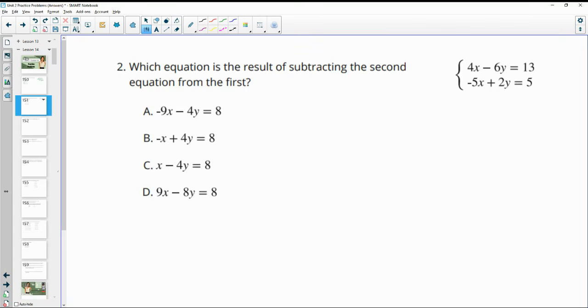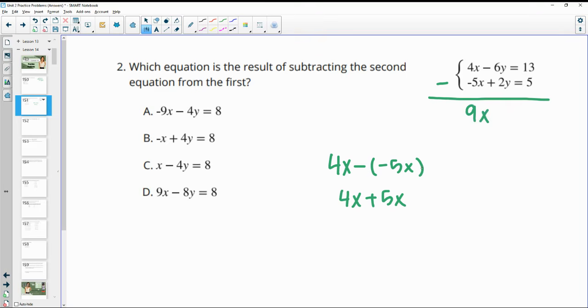Number 2, which equation is a result of subtracting the second equation? So here you have to be careful that you actually subtract. So when we do 4x minus negative 5x, 4x minus a negative is really plus. So 4x minus negative 5x is 9x.